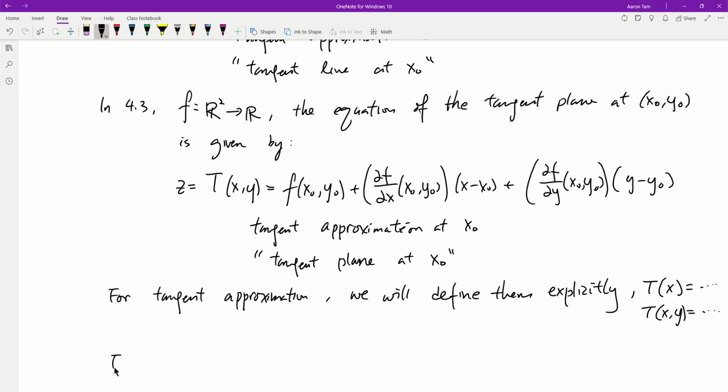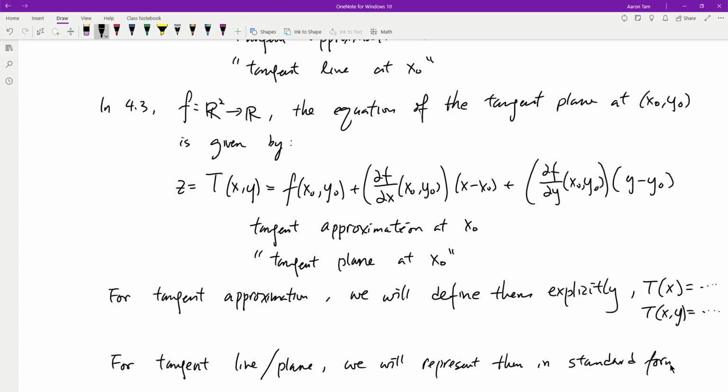Then what happens to tangent, if you want to talk about them as tangent lines or tangent planes, then we will usually represent them in what we call standard form. So instead of using T of something, we'll probably define them as a variable.